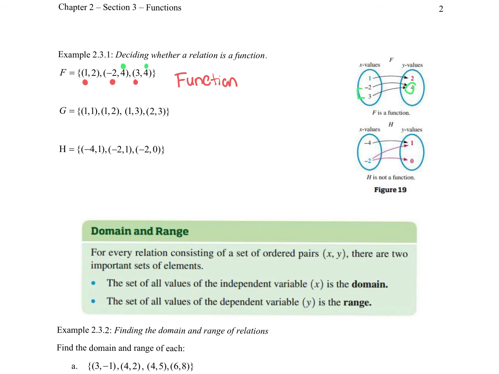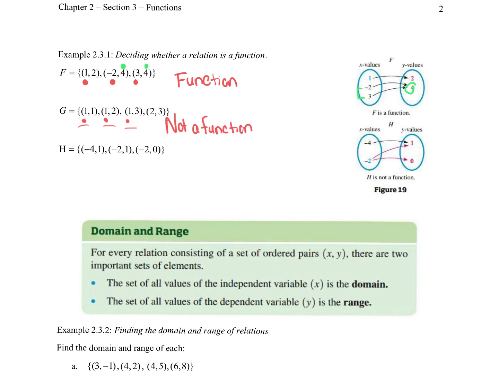If we look at letter G, I just read the x coordinates to myself. 1, 1, 1, and you should stop. Because you have said the same number for x more than once, x repeated 3 times in fact, so this is not a function.